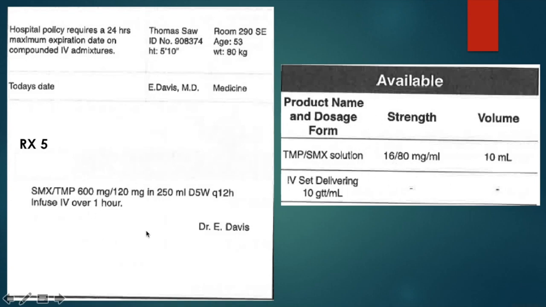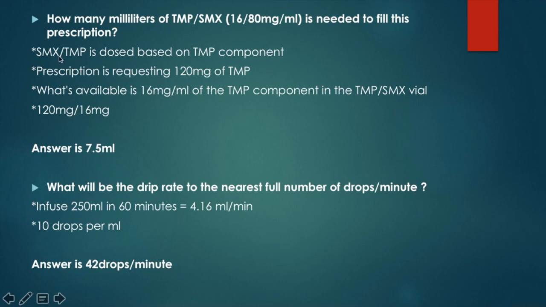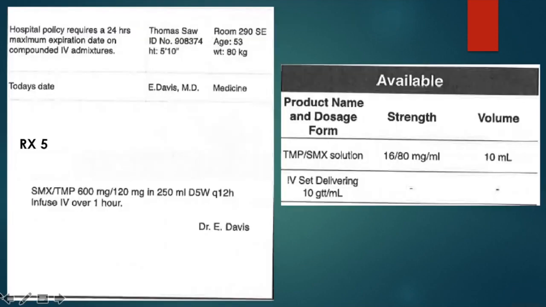I checked the pharmacy. Is this all we have? No problem. Let's go into the lab. Bactrim is dosed based on the trimethoprim, right? The TMP trimethoprim component. Okay. So that's the second number on the script. So it's 120 milligrams. But when you come into the pharmacy, it's the first number.